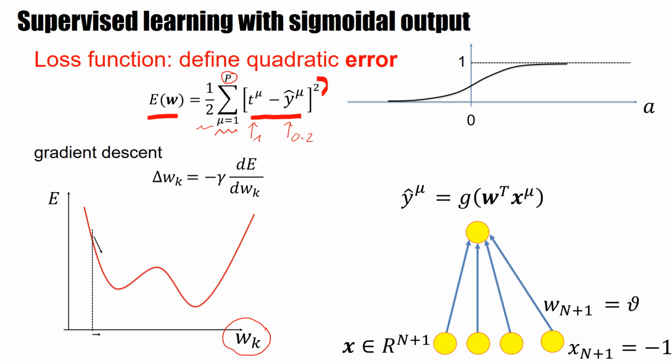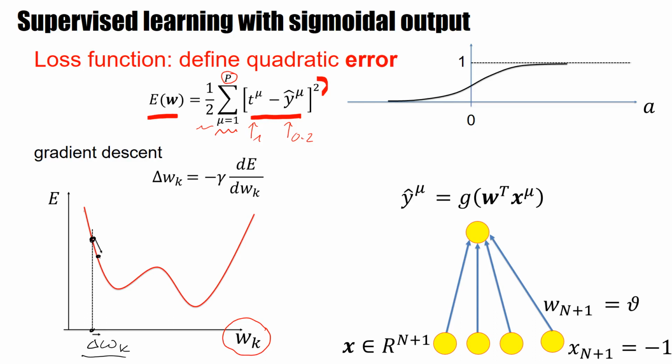And now the idea is to change the weight such that I have a change of this weight k, so I have delta wk, and the weight is such that the error goes down. So after the update, the error is smaller than it was before. And now you see that here I have a red function. This is my error function as a function of the weight, which has a negative slope.